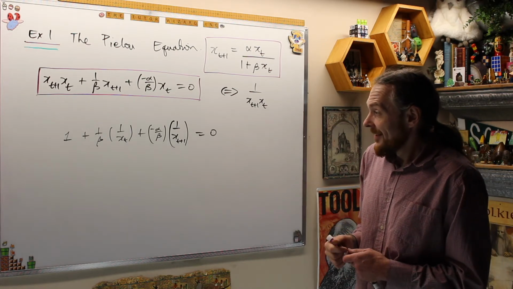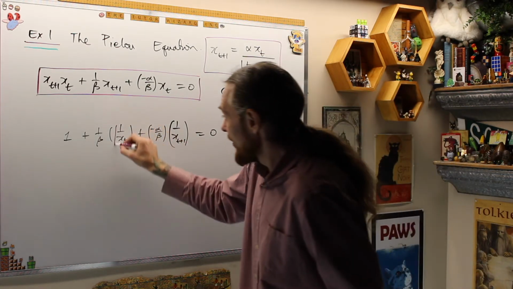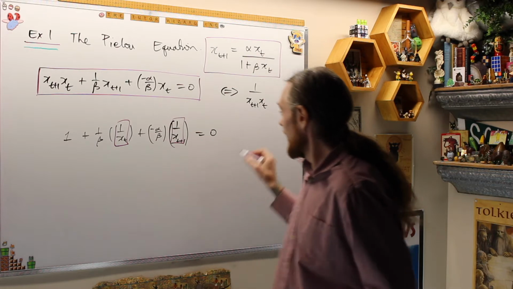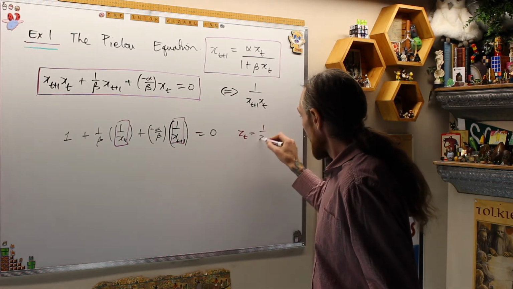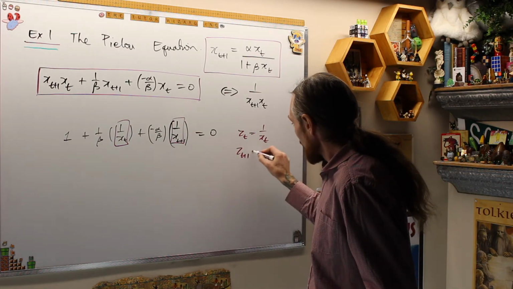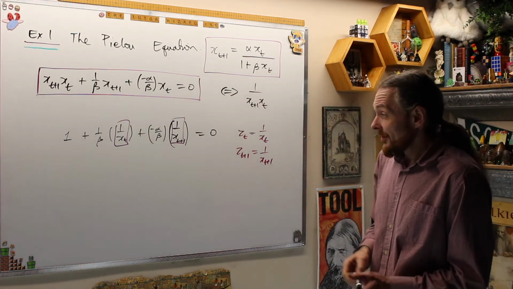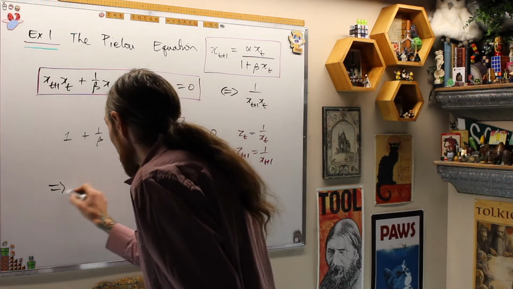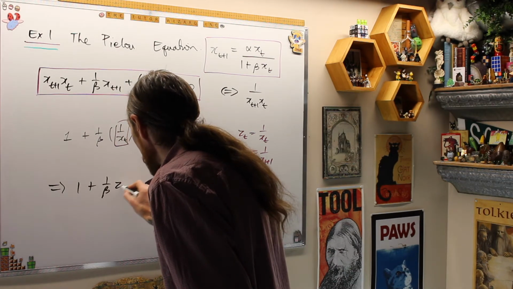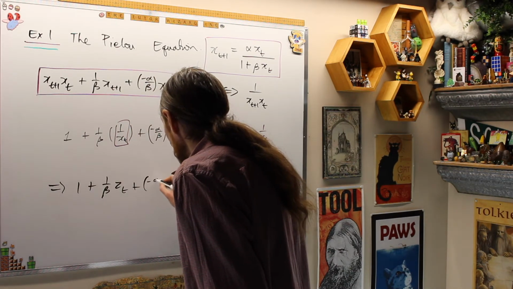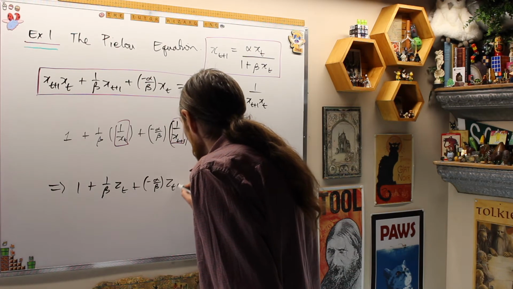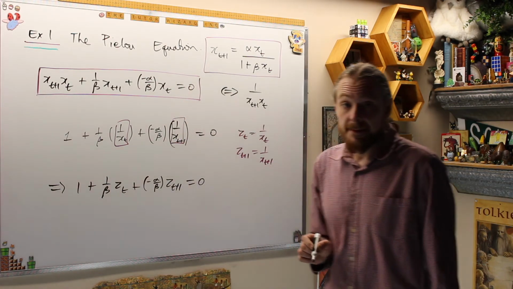Once I have this, I can now make the substitution for these guys, and that's zt equals 1 over xt, and zt plus 1 therefore is 1 over xt plus 1. If I make that substitution, what am I going to get? I'm going to get 1 plus 1 over beta zt plus negative alpha over beta zt plus 1 equals 0.